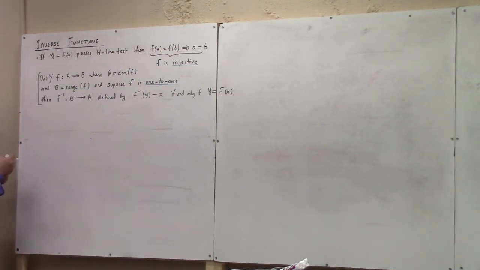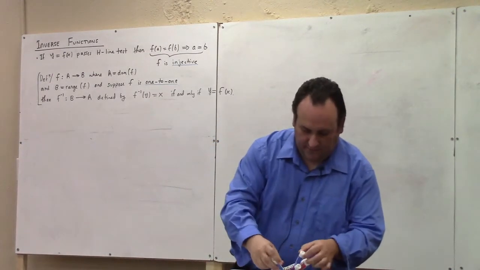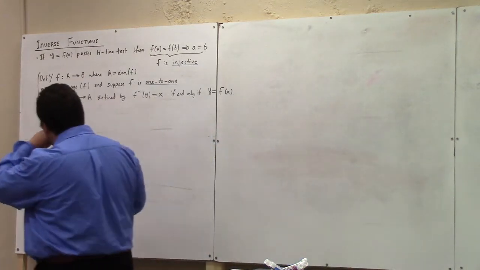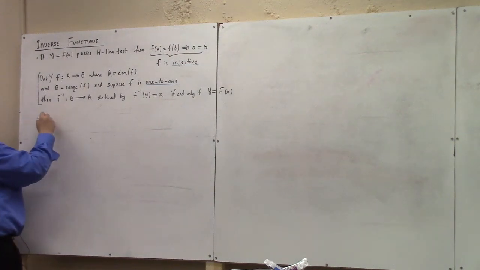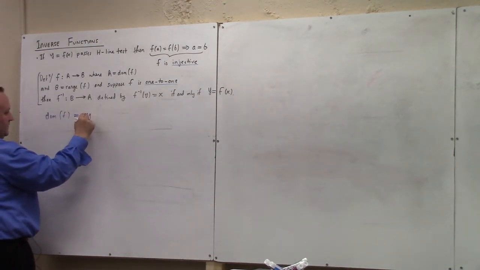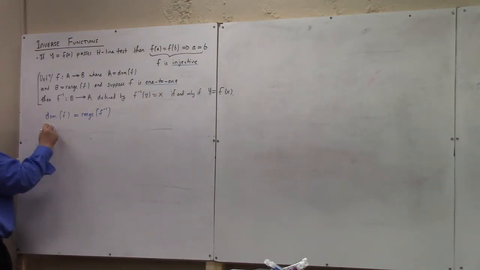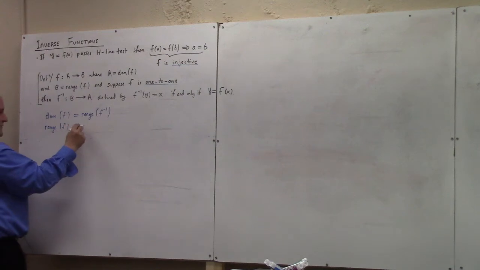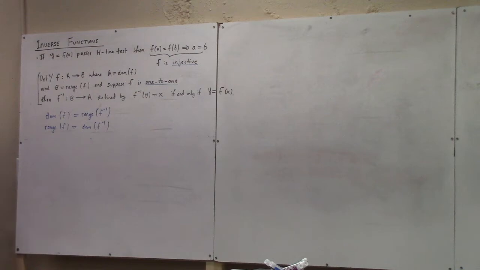Now, let me make some other comments here before I get into actual examples with formulas. One is that there's this really neat interplay, right? The domain of the function in this context is equal to the range of the inverse function, and vice versa. The range of the function is equal to the domain of the inverse function.